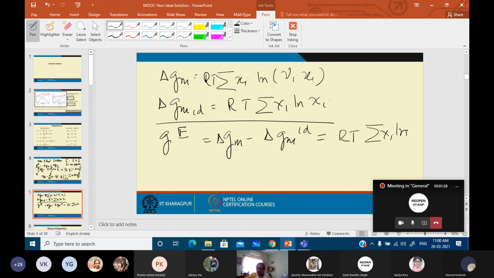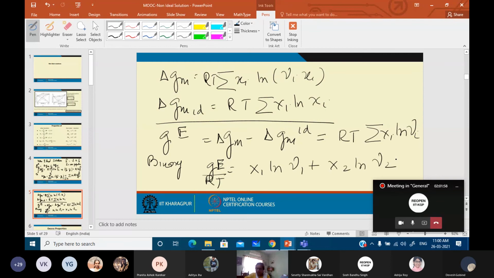Fine. So if this is a binary mixture, what do we have? We have GE by RT equal to X1 ln gamma 1 plus X2 ln gamma 2. Yes or no? Yes, ma'am. Now for any mixture, what do we know?